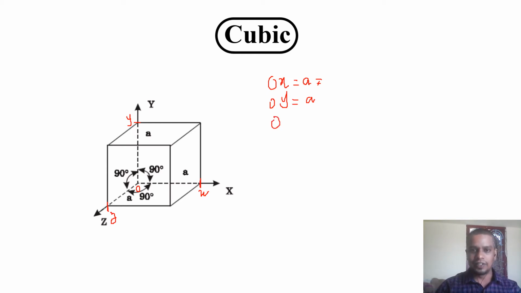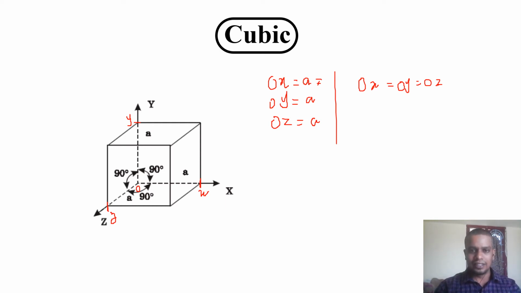Then the intersection along the z direction, Oz, is also a. Hence for the cubical system, the intersecting parameters are Ox equals Oy equals Oz. That means the three intercepts are equal.